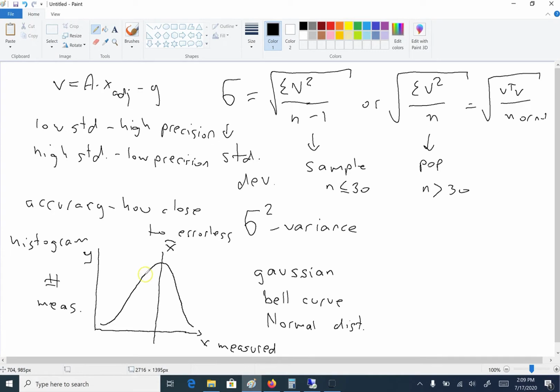And for a Gaussian distribution, the 1 sigma range, the standard deviation, so this is the average minus 1 sigma to average plus sigma, this area covers 67% of the area of the distribution.